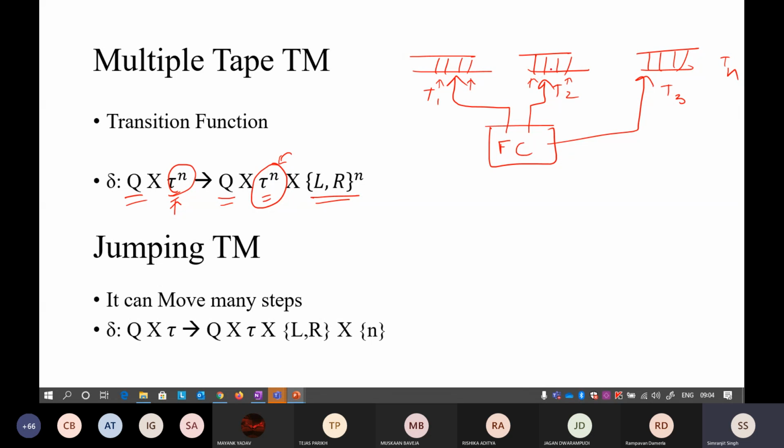It looks like, because there are multiple tapes, it can accept more languages than a standard Turing machine, but that is not the case. A multiple tape Turing machine is equivalent to the standard Turing machine we discussed at the start.